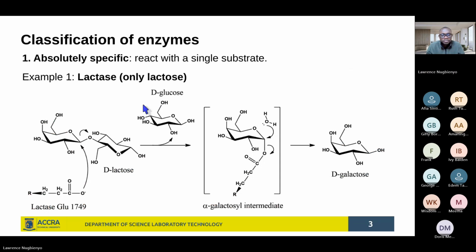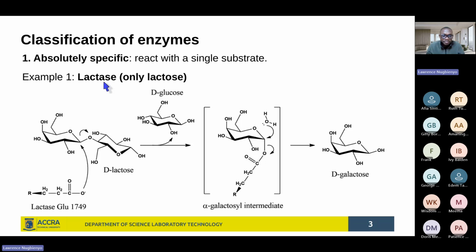Now, the first example we are looking at is an example which we saw earlier, and that is lactase. We saw lactase as an enzyme involved in the breakdown of milk sugar, lactose.